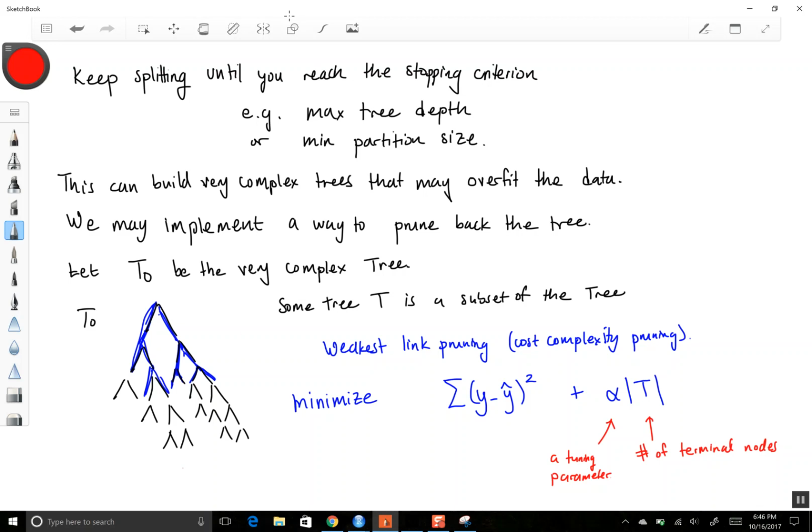The computer would have to search across all possible subtrees, of which there's going to be a lot, but the computer can do it. It searches all possible subtrees and figures out this total metric, which is a combination of the RSS plus the complexity parameter.